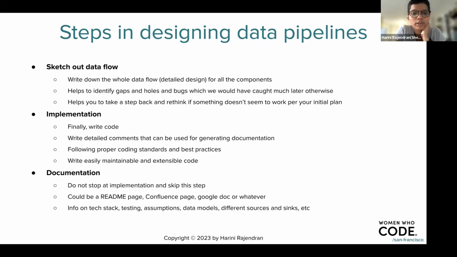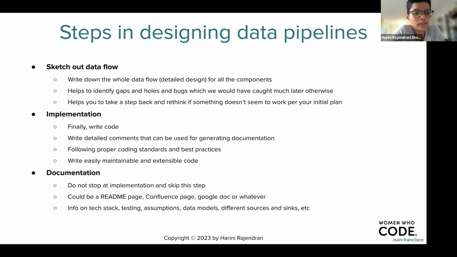Don't write monolithic code. Follow proper object oriented modeling, if that makes sense, and proper abstraction, so that it's easy to read and understand, and also easily maintainable. And if more use cases have to be added in the future, it's easily extensible as well.